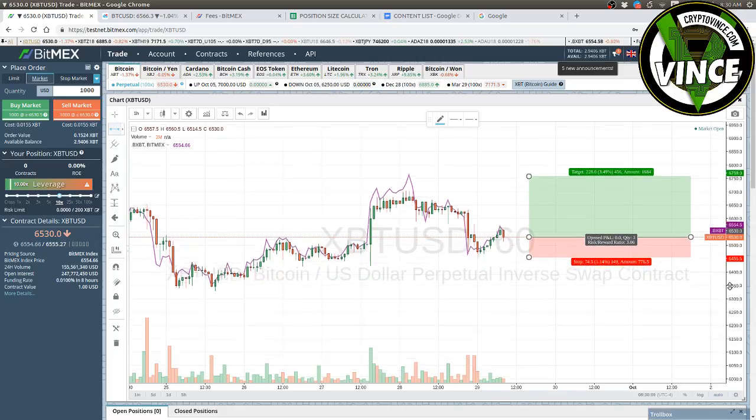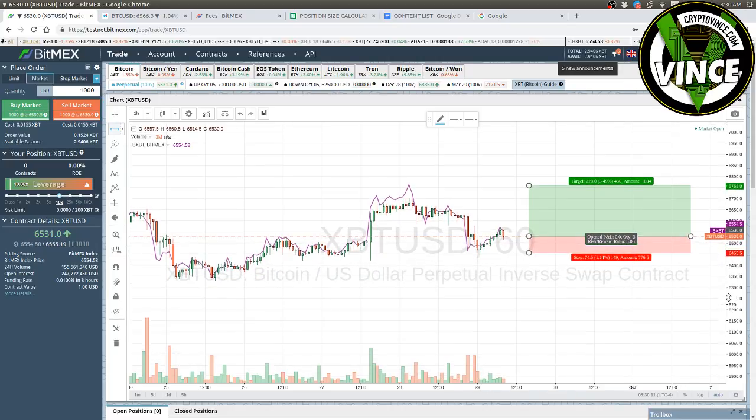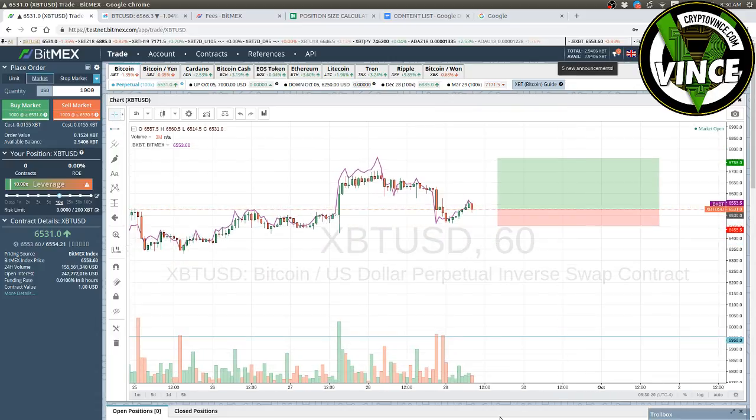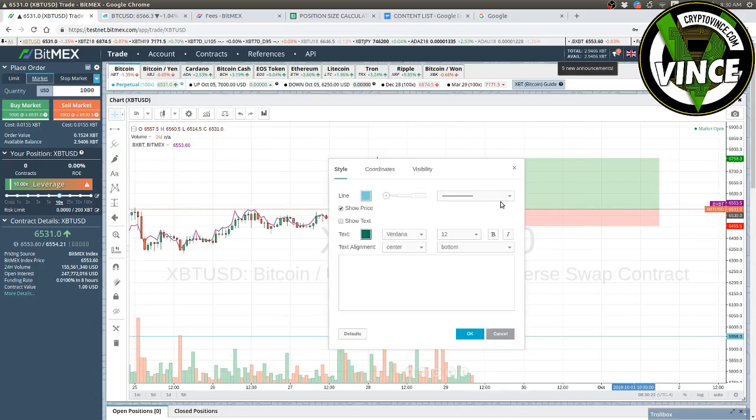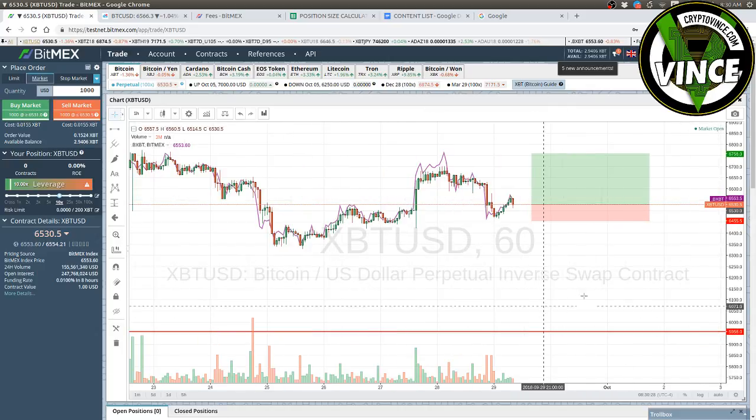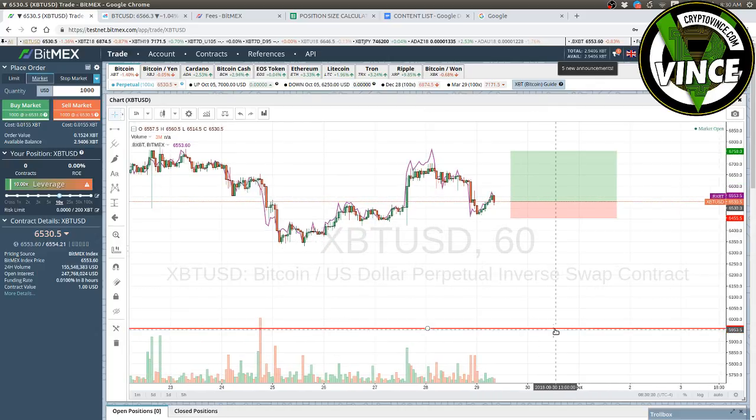This is just a quick example to show you what the liquidation price does. 5969, so around this level. In this very quick example, this is my liquidation price.